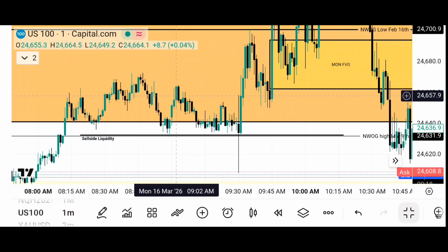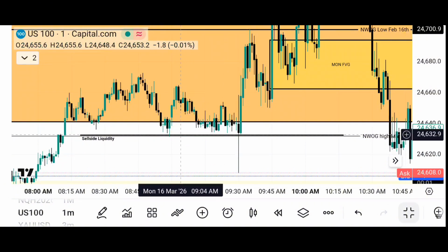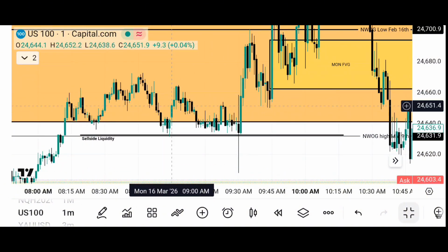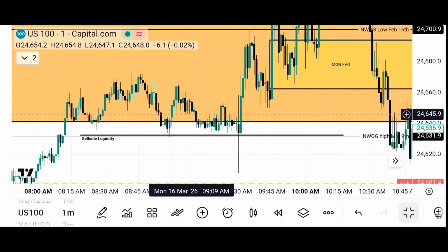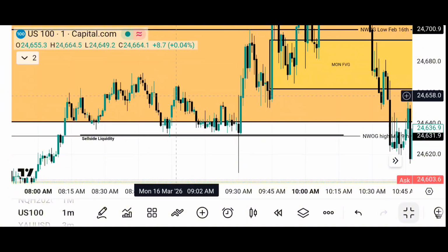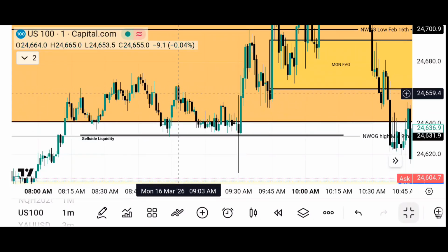Because this up close candle is the last up close candle before we see this run down in price to violate this low. This bullish range was the last bullish range before this run down in price to take out these lows. So this bullish range is a breaker.